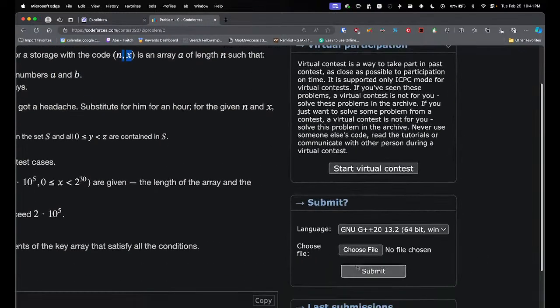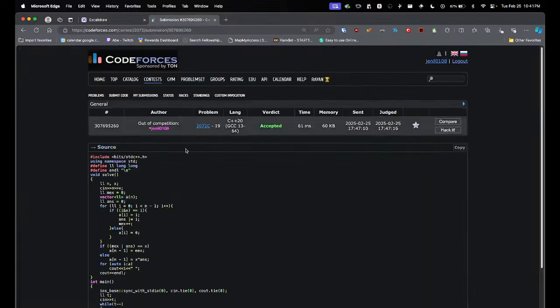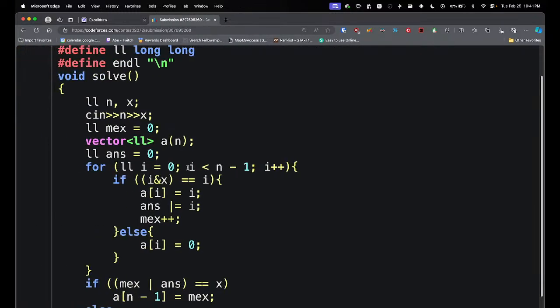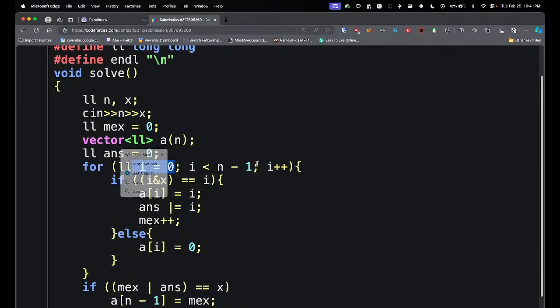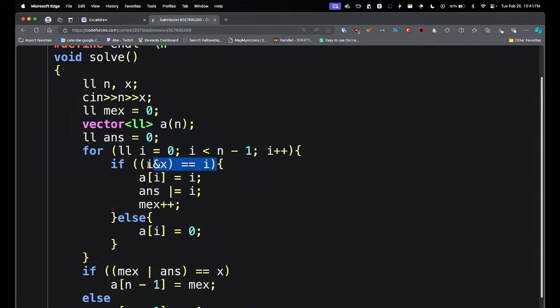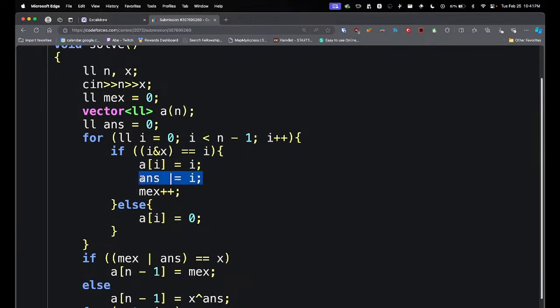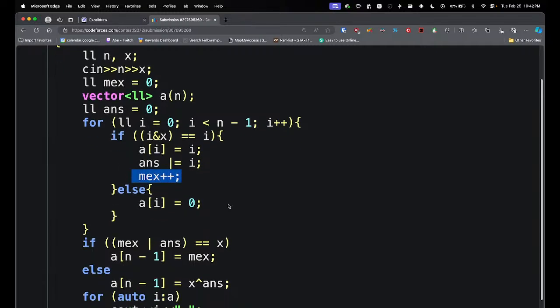So looking at the code, I go from 0 to less than n minus 1. I check the condition, and once I check the condition, I set a of i, I get the current OR, and I increase my max.